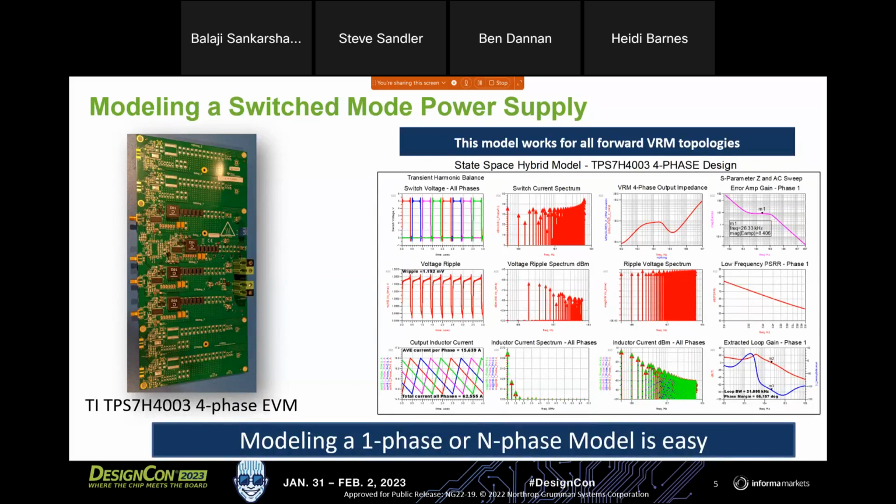With this Sandler state space average model, it's very easy to get all of this large signal and small signal information all in one simulation and get a lot of great detail all at once. And this model, the state space average model you can see here, works for multi-phase. It works for a single phase all the way up to N phase, and it's easy to use.